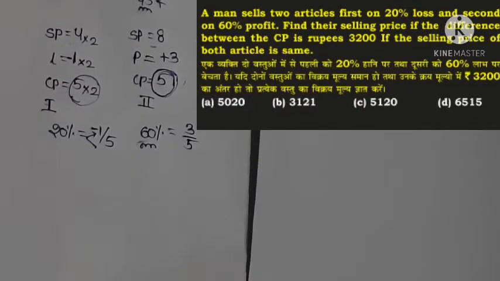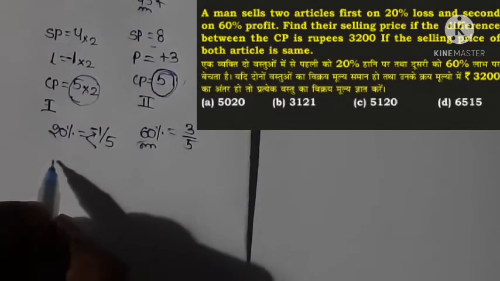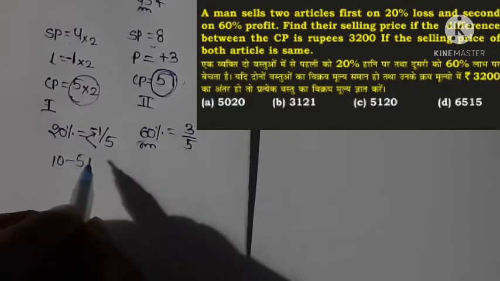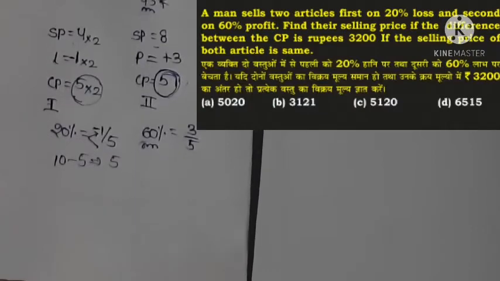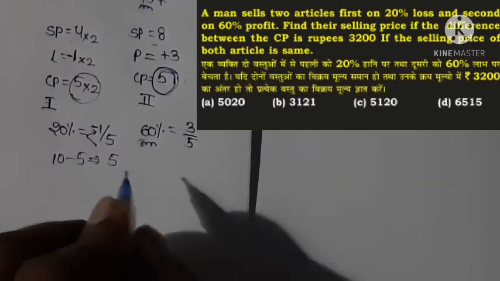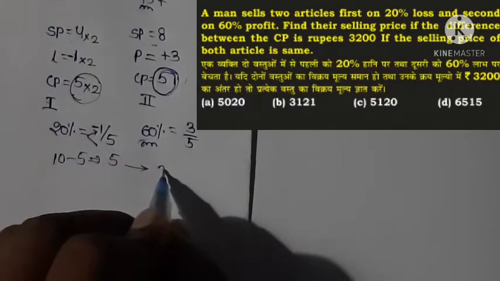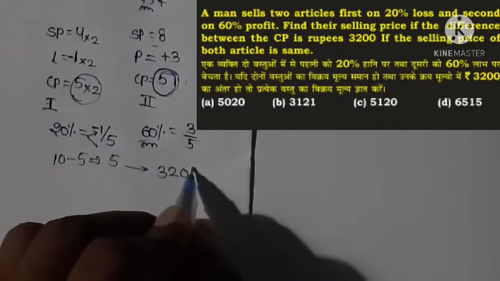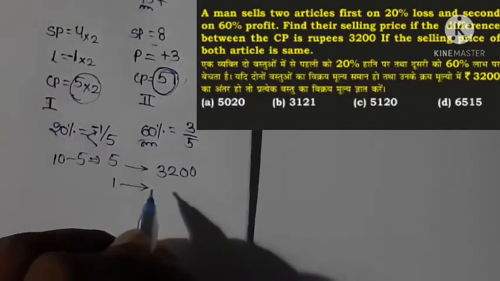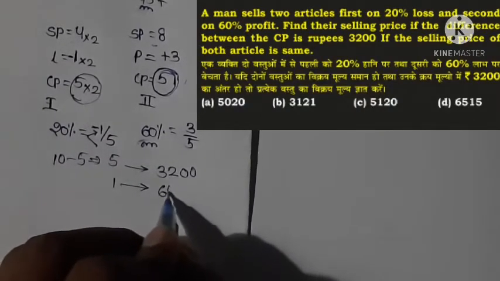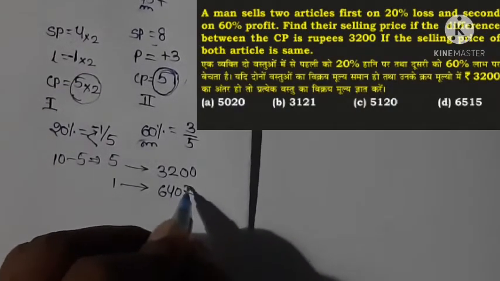So the difference is 10 minus 5, so the value is equal to 5 units. So 5 units represent 3200. What is the value for 1 unit? So 1 unit is equal to 640 rupees.